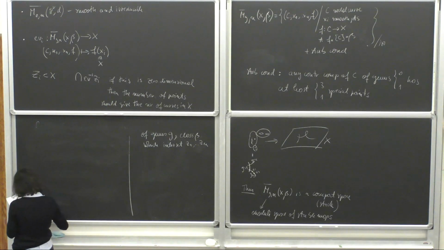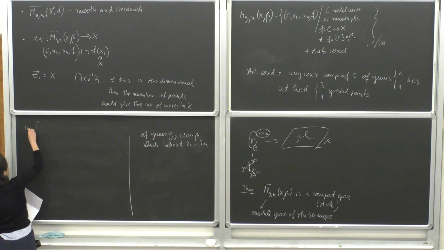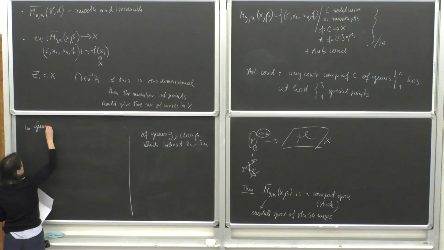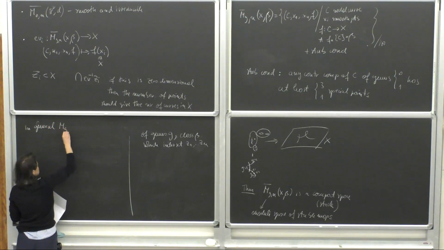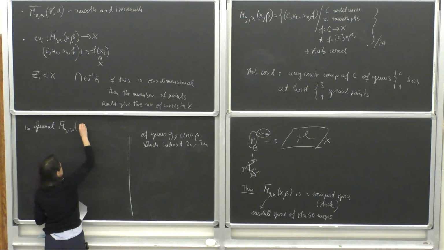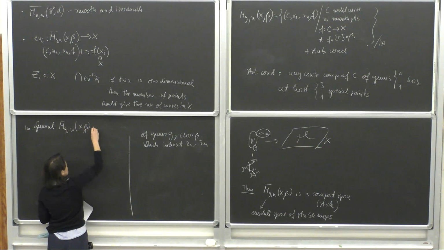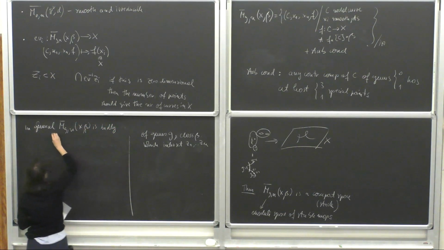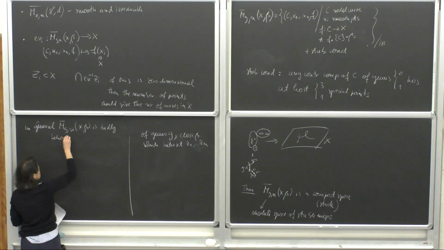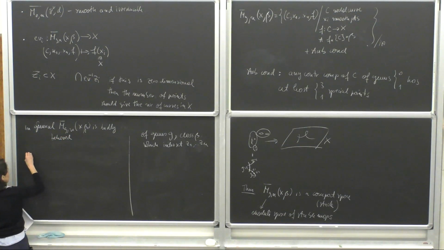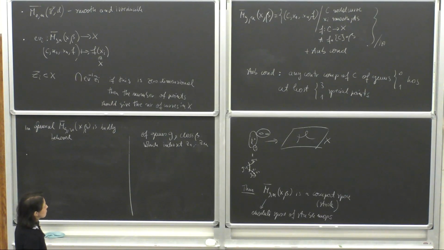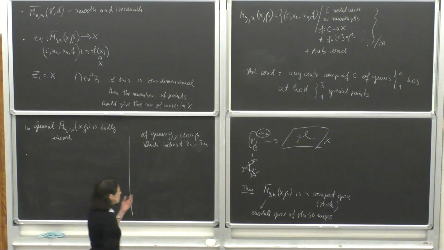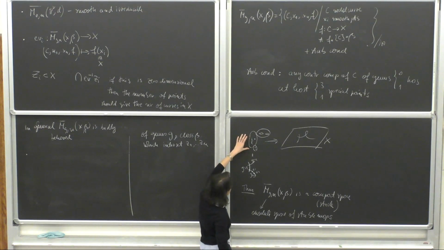Okay, so in general, this M_{g,n}(X, beta) is badly behaved. If you haven't seen these things, I'm not sure how many expectations you would have.